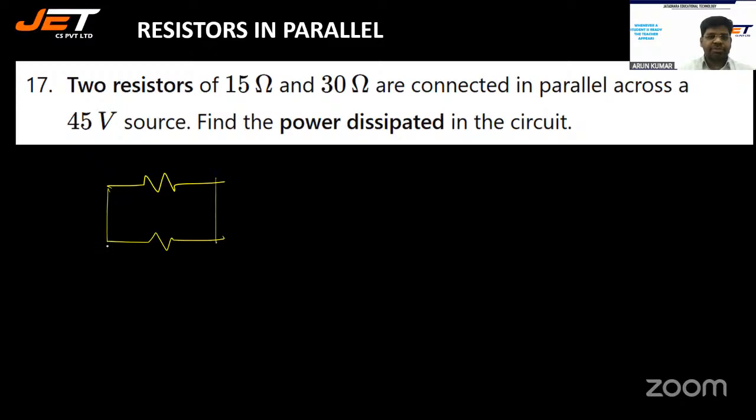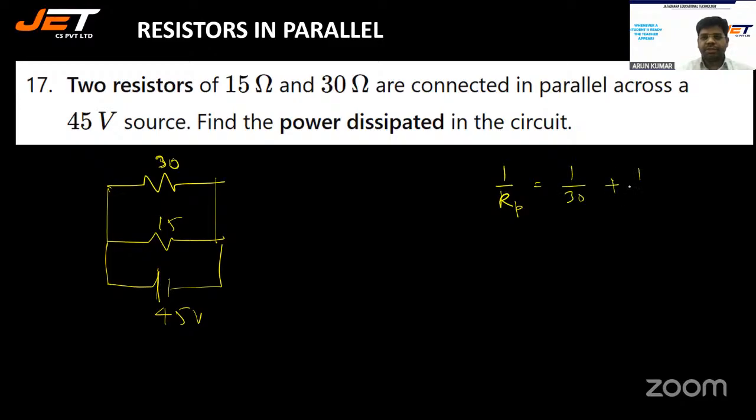As I told you, whenever there is a source given, better draw the circuit. 45 volts, 15 ohms, and 30 ohms. So what is the equivalent resistance of these two? 1 by Rp is equal to 1 by 30 plus 1 by 15, which is nothing but 3 by 30. 1 by Rp is 3 by 30.